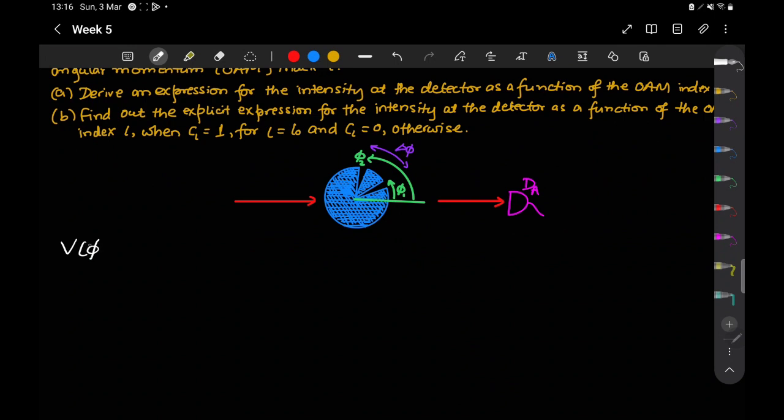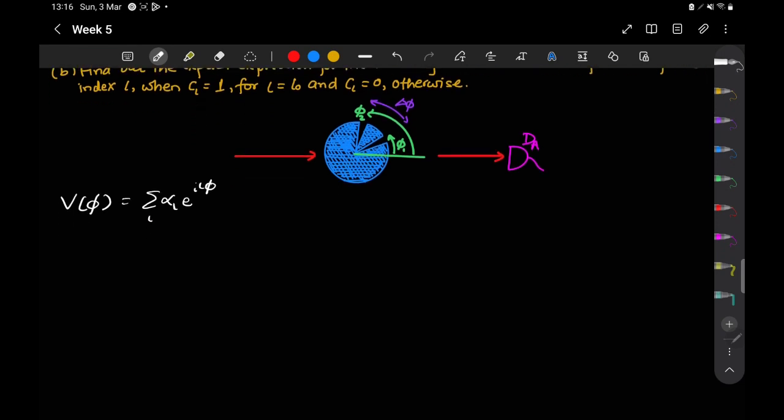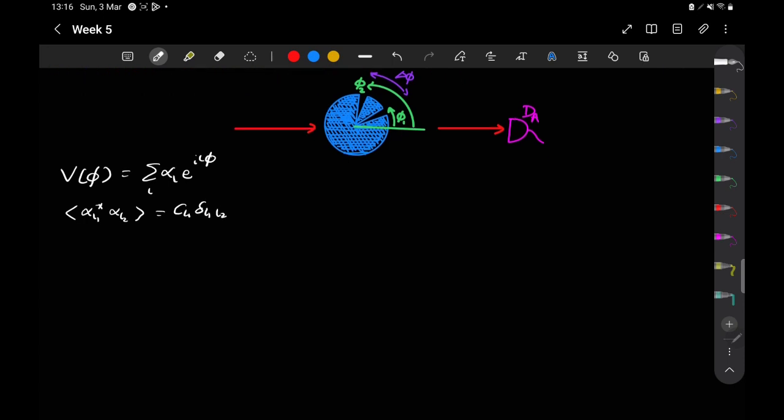So we are given V phi as following, which falls on the double slit aperture, and we are also given the aperture function as a sum of two delta functions, and the correlation between the alpha function.